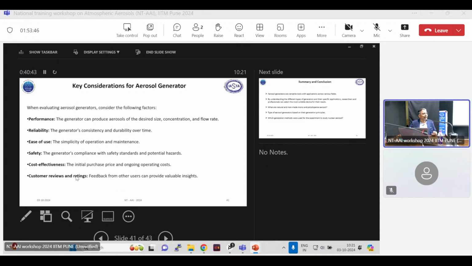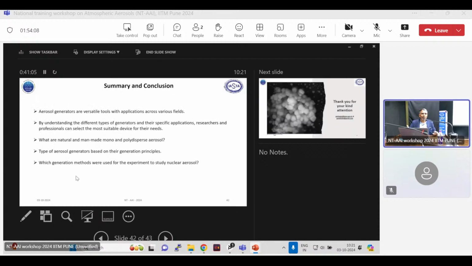Of course, it should not release aerosol into the chamber where you are doing the experiment, because any generated aerosol, though they say it is not health hazardous, can be harmful. So you need to consider safety also. Then maybe review what your peers or colleagues are using in other labs, which will also guide you in selecting the generator.